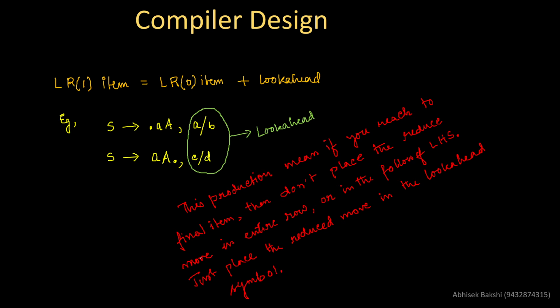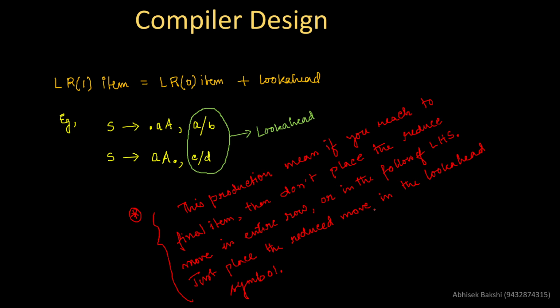So this is going to be very vital for the LALR1 and CLR1 parsers, because both use the canonical collection of LR1 items, and in the case of LR1 items we do that.